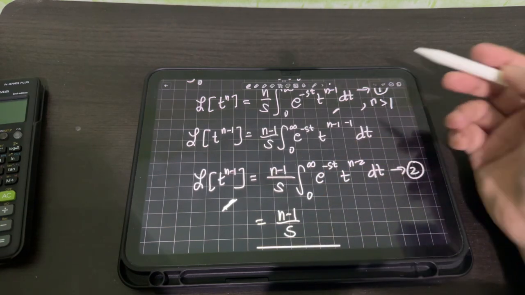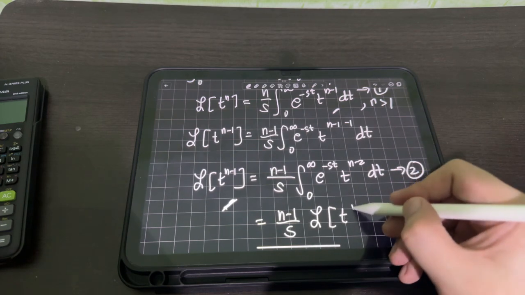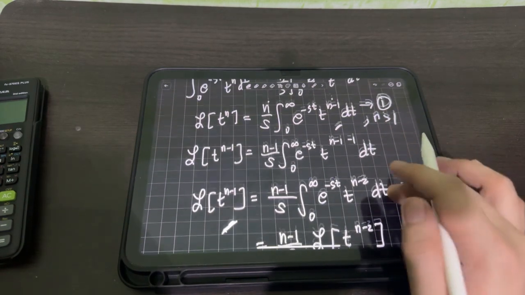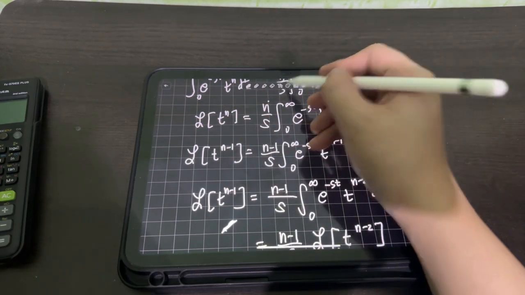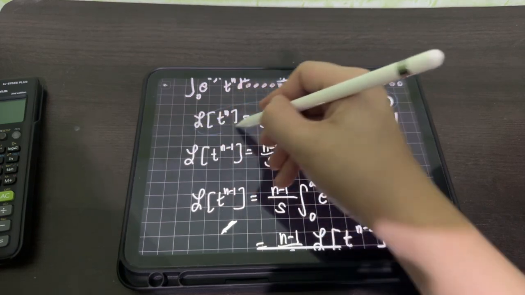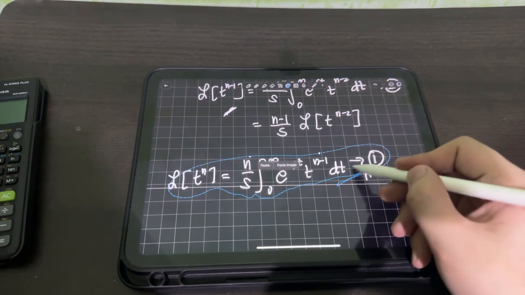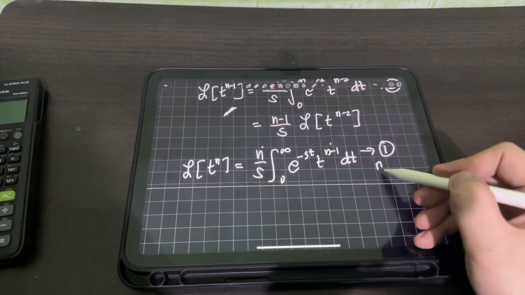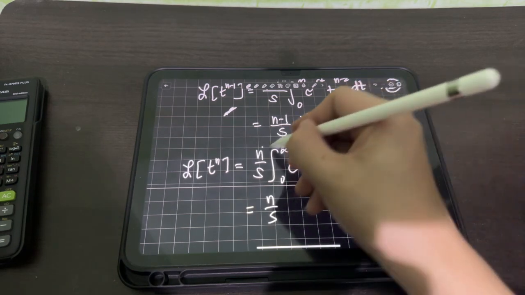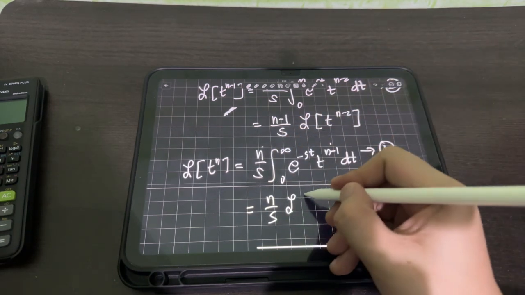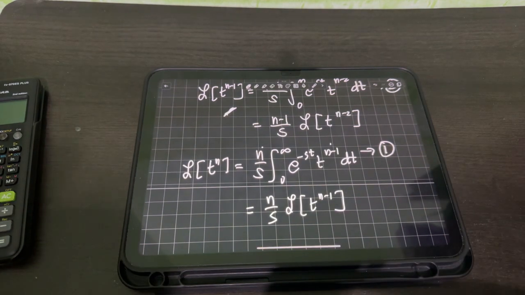If you apply the definition of Laplace transform, you're trying to get the Laplace transform of t raised to n minus 2 here, right? By the way, for this equation 1, if you also relate the definition of Laplace transform, you're also trying to find here the Laplace transform of t to the n minus 1.